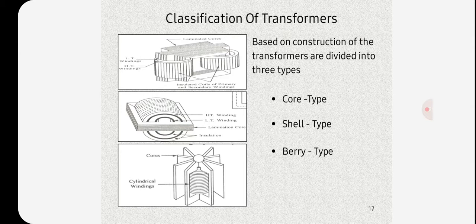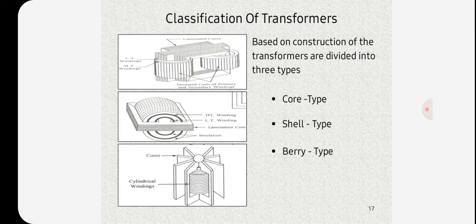Next we go for classification of transformers. In transformers, based on construction, the transformers are three types. The first one is core type, second is shell type, third one is berry type.